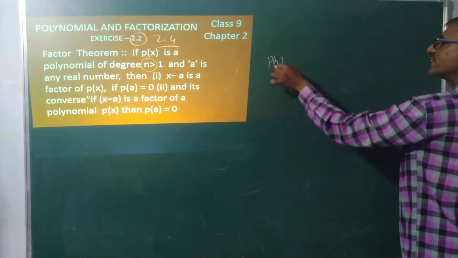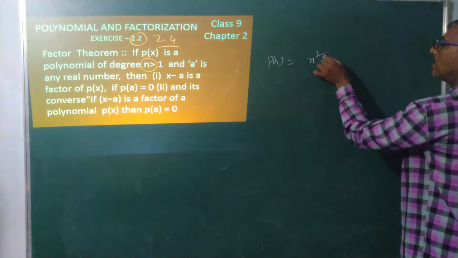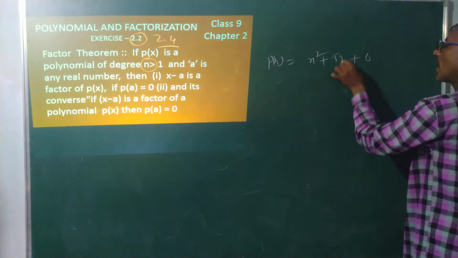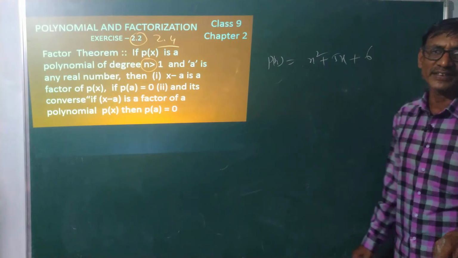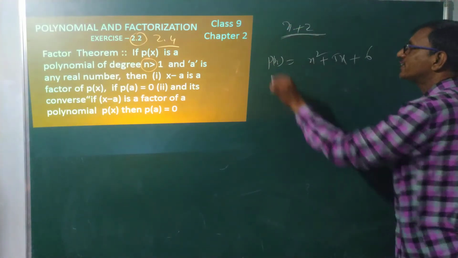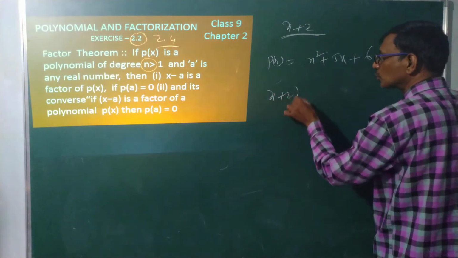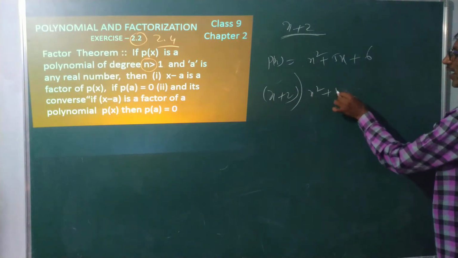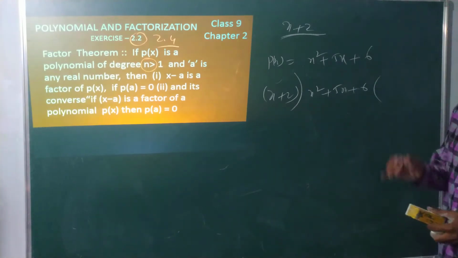Some p of x is equal to x square plus 5x plus 6. This is my polynomial. I would like to divide it by x plus 2. This is my linear polynomial. So x square plus 5x plus 6 is divided by x plus 2.